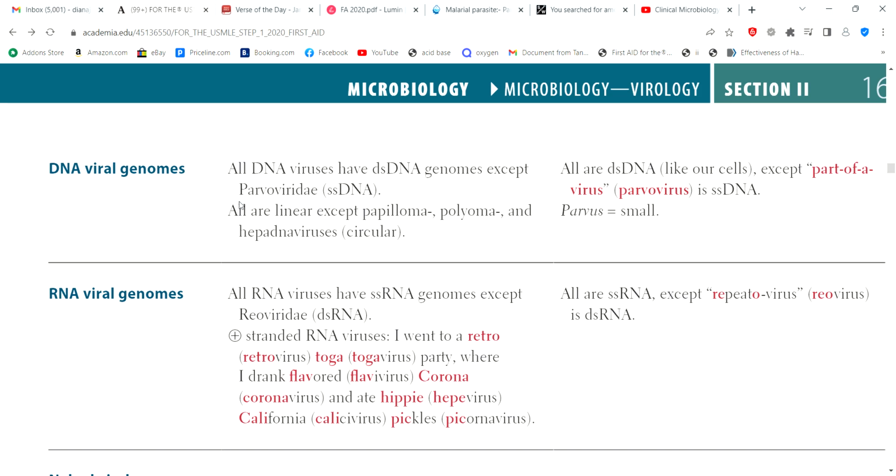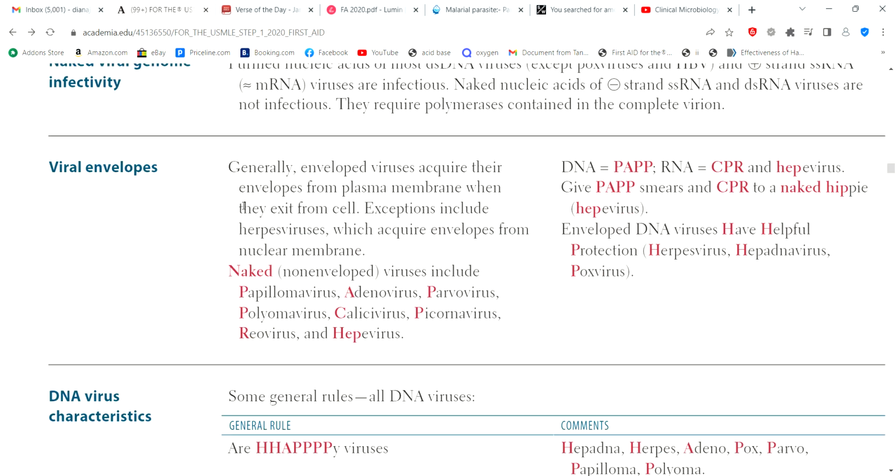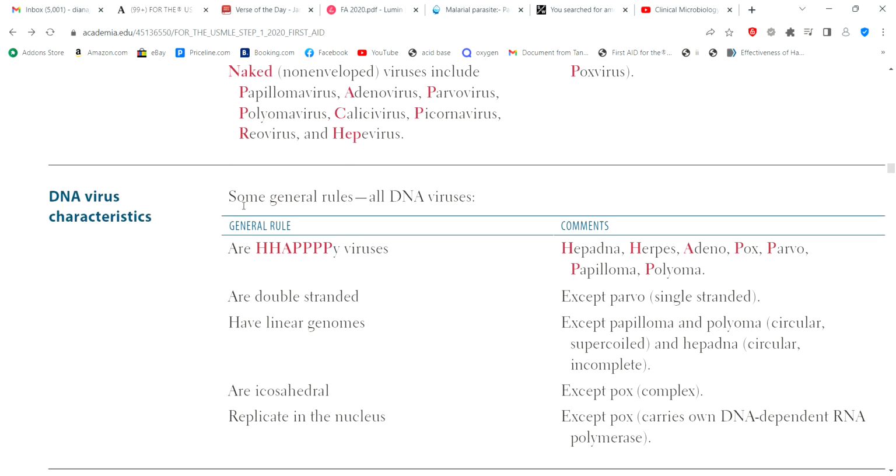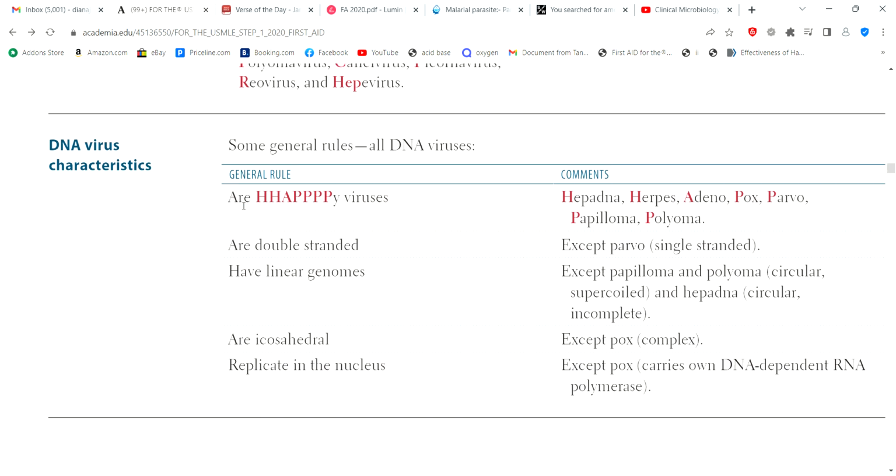DNA viruses have linear genomes, except for the papillomavirus, which causes HPV, and polyomavirus.